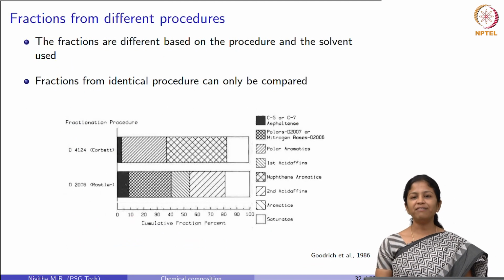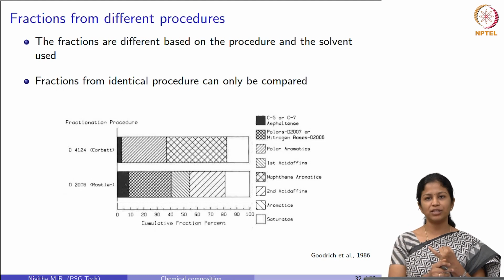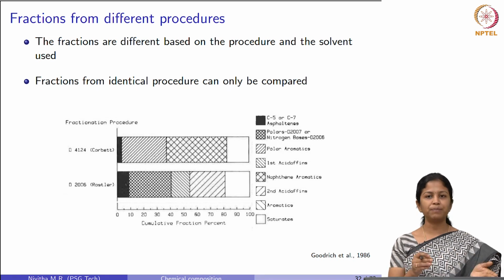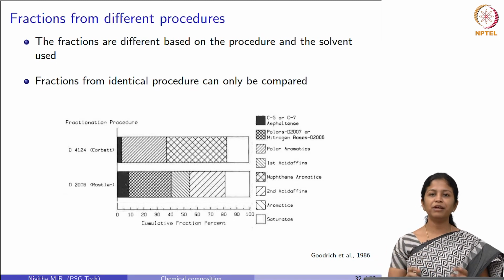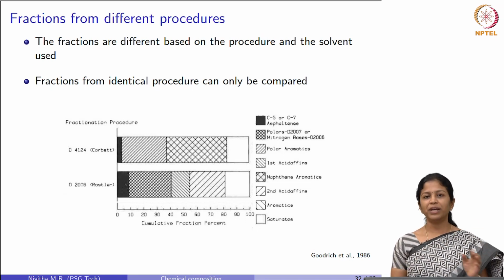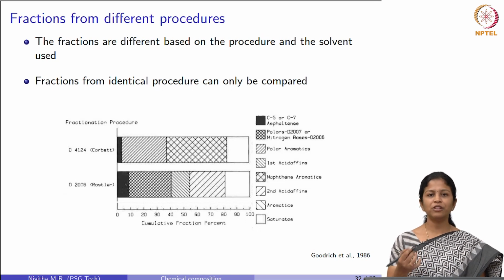Now, we have asphaltenes in all these 3 procedures. We have asphaltenes from the Traxler and Squier process, we have asphaltenes from the Roasler and Sternberg process, we also have asphaltenes from the Corbett process or the ASTM D4124 procedure. Now, can I compare all the 4 asphaltenes? I said initially, right, we cannot make such comparison because it depends upon the strength of the solvent to dissolve the components in bitumen.